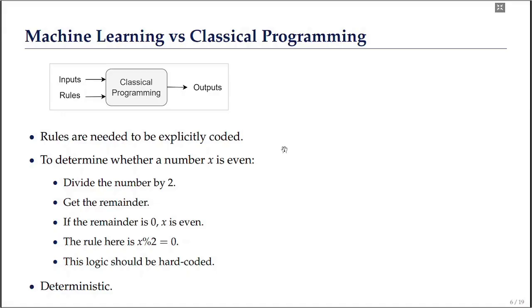So the rule here is x modulus 2, that is, dividing the number by 2 and checking whether the remainder is 0 or not, and this should be hard-coded by the developer. So this type of programming is actually a deterministic type of programming.